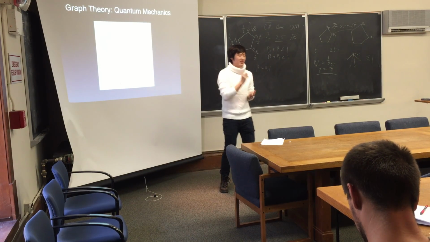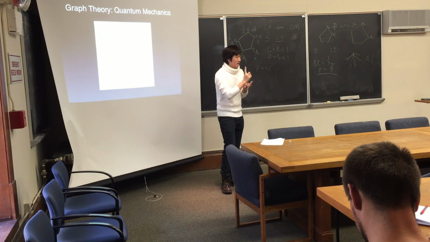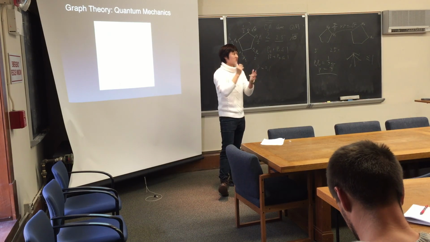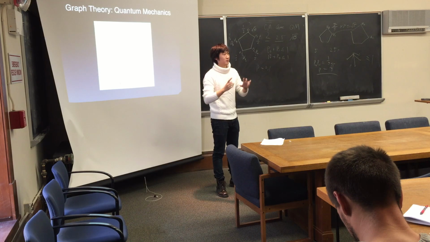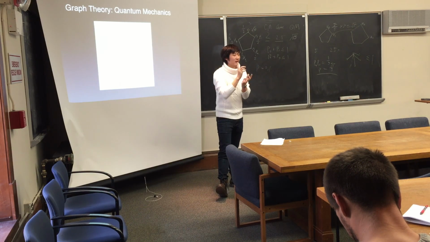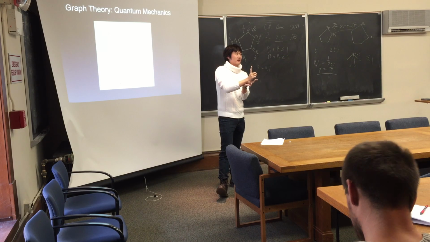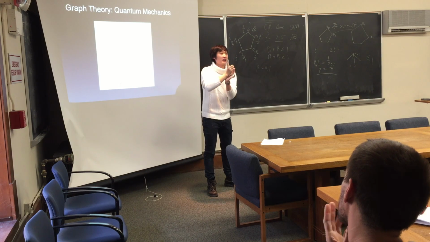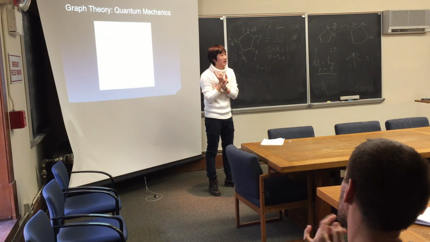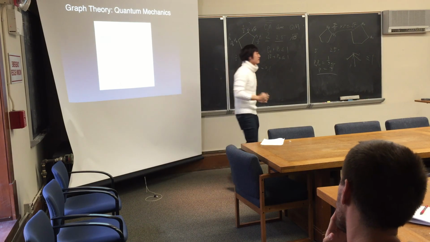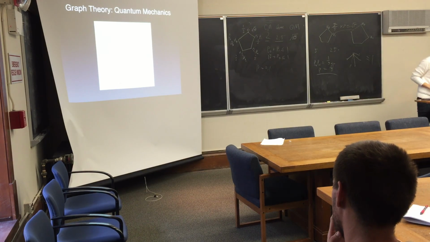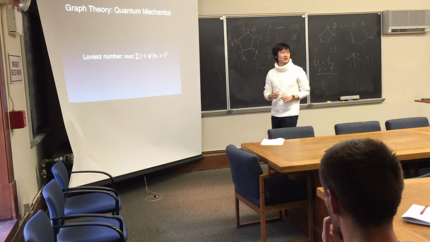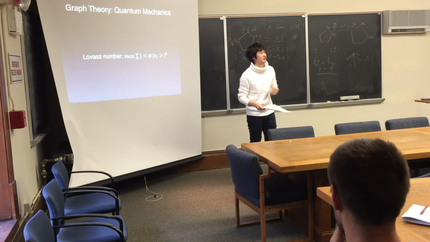You have a state vector pointing in a direction, and you have the freedom to rotate this state vector, and you also have the freedom to deploy your different A, B, C, D vectors, the direction of the measurement, and you try to reach the maximal value. That's the very definition of the Lovász number. It's just this, also under the constraint of mutual exclusivity, which can say one.